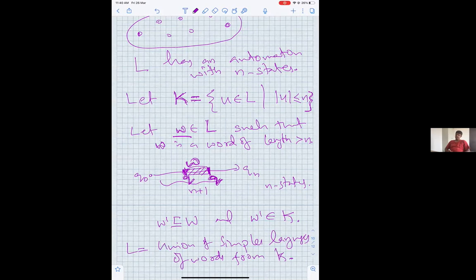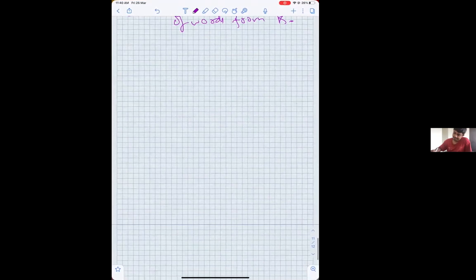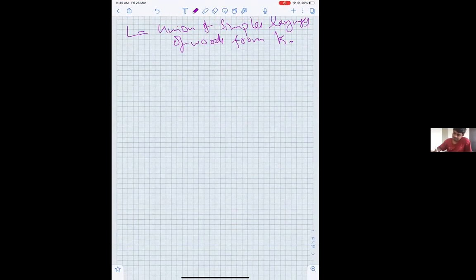And there we have to go back to monoids. We have to go back to monoids. So now we are trying to prove the converse direction.